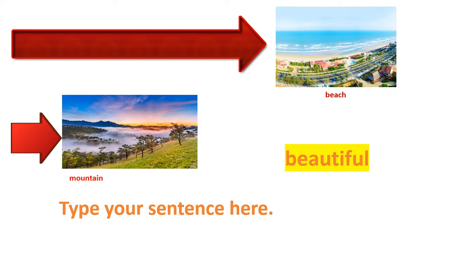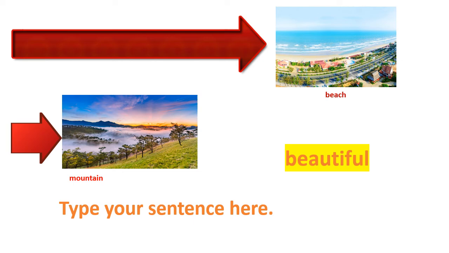Next, we have a picture of a beach and of a mountain. So you'll use those two words in your sentence, and you'll use the adjective beautiful. Beautiful is an adjective of opinion. Opinion is what you think.